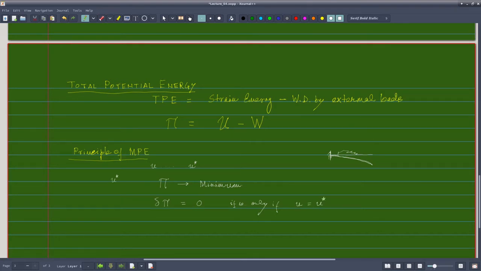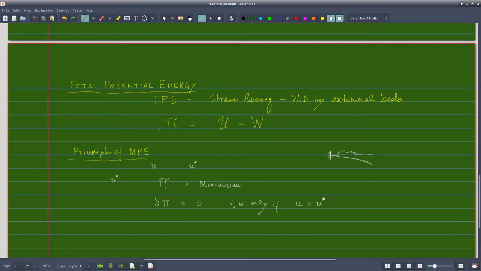Only that displacement field will lead this variation of potential energy to be 0. That means the potential energy will remain the same, or stable, for small changes in the displacement field.